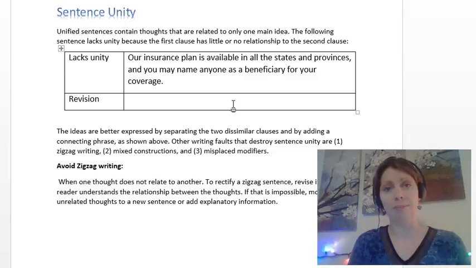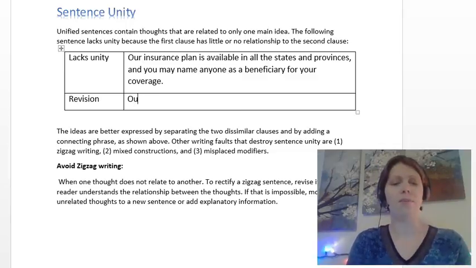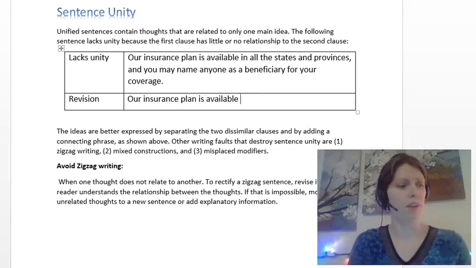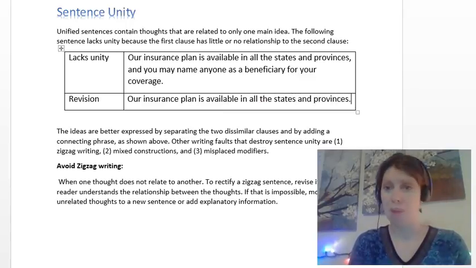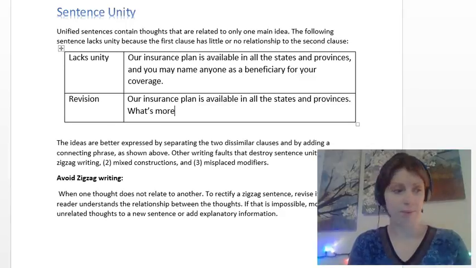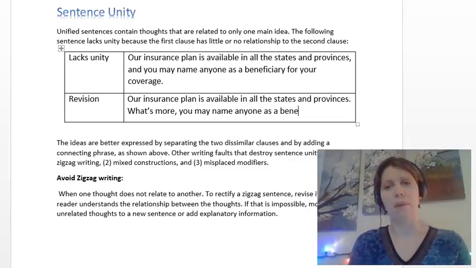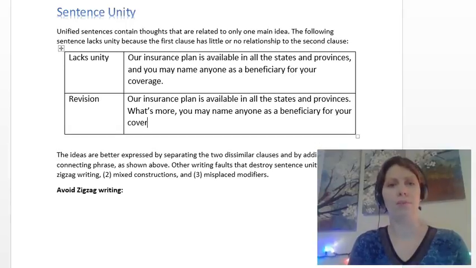There's no unity here. So if we revise this, we might be able to say, our insurance plan is available in all the states and provinces, period. What's more, comma, you may name anyone as a beneficiary for your coverage.